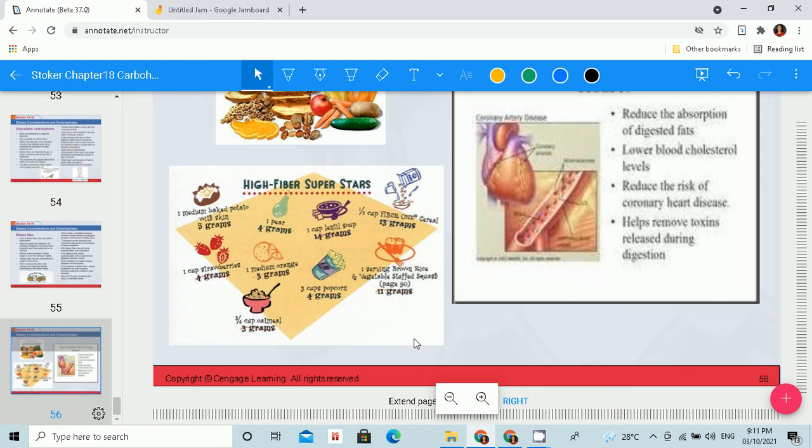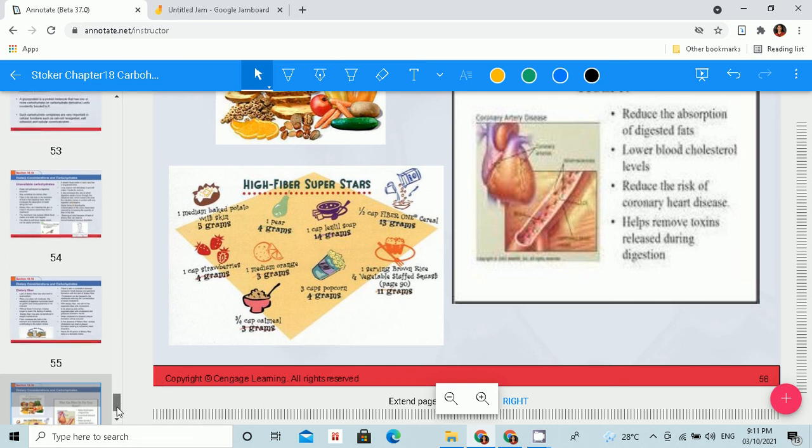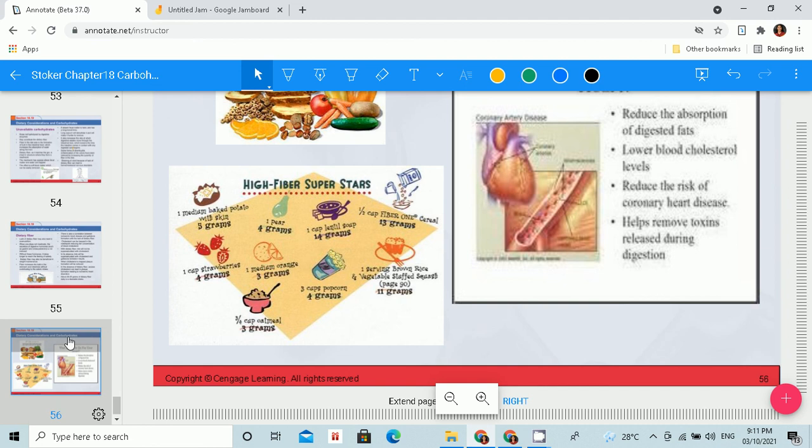However, because of our pasagad na pagkaon, then it will mataas siya kayo, and then it's not good anymore. And then also the fiber reduces the risk of coronary heart disease, and it helps remove toxins released during digestions. Because fibers allow you to excrete every day, releasing all the toxins from your body.